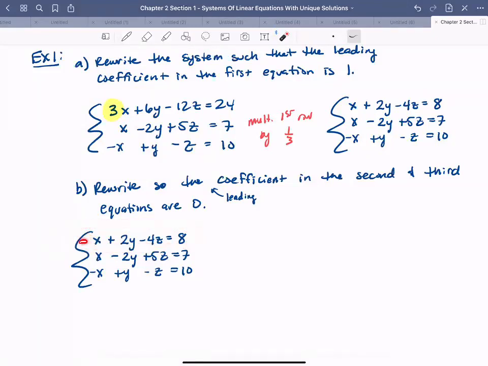When I do that, I will get a -1 here, and with a 1 here, when I add the two together, it becomes 0. So we'd write something like this: we're going to multiply the first row by -1, then add to the second row. All right, that's the first thing we're going to do.